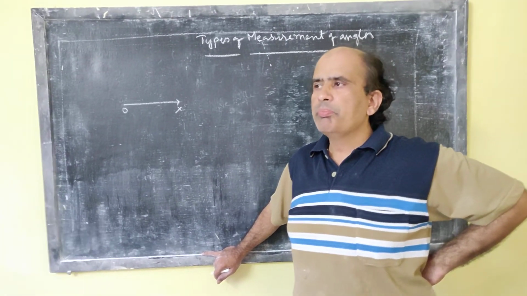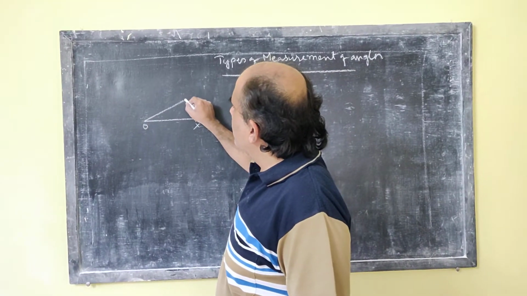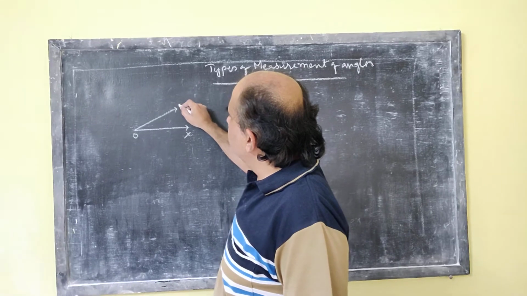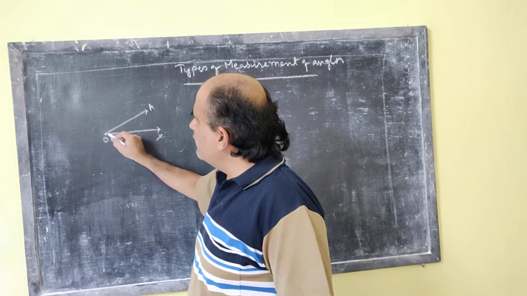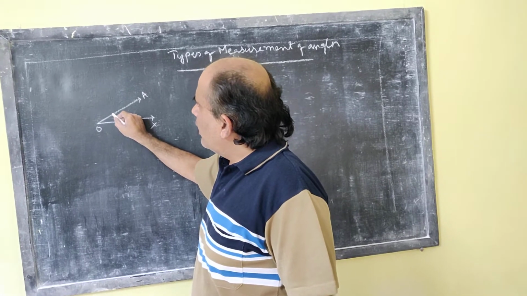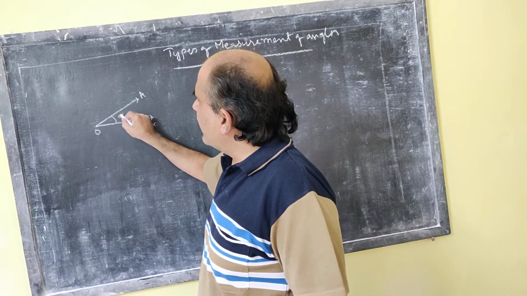So I have a moving ray here, which is at the position capital A suppose. Then at the vertex, I draw an arc here and say that the angle is alpha.